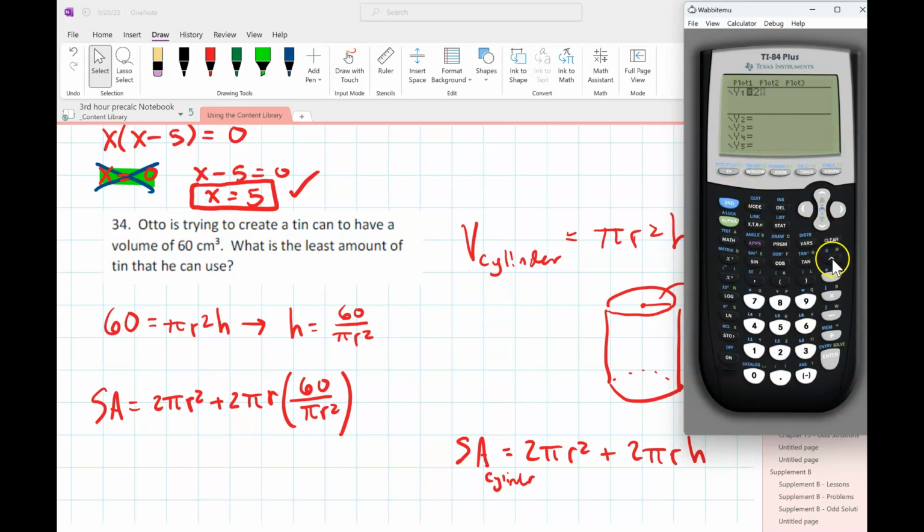Just find the minimum value. I already wrote it down, remember? 5 to 34. Yeah, that's it. There's my minimum.